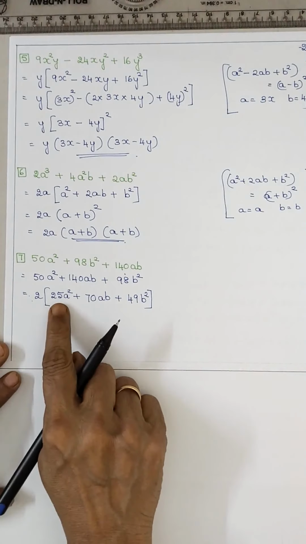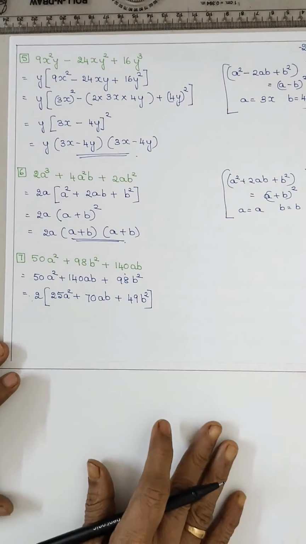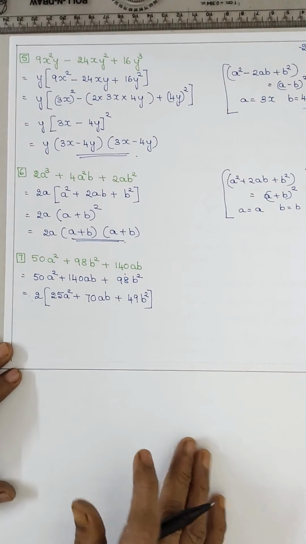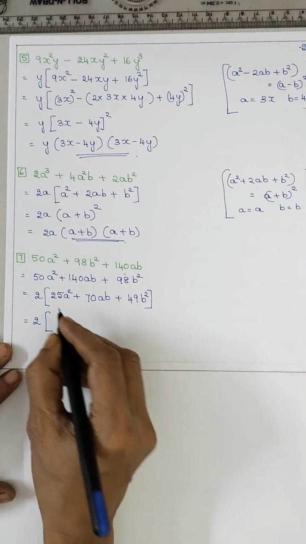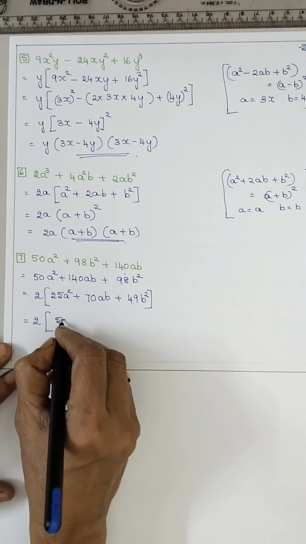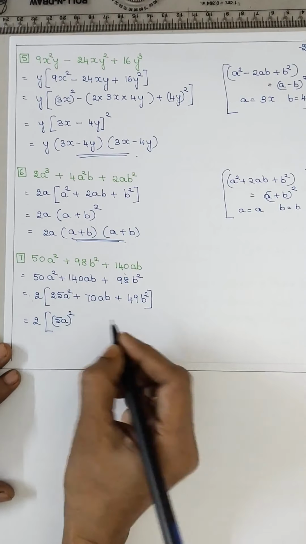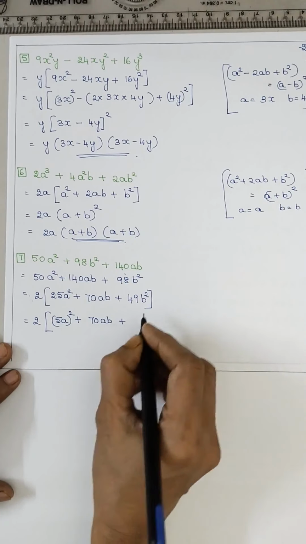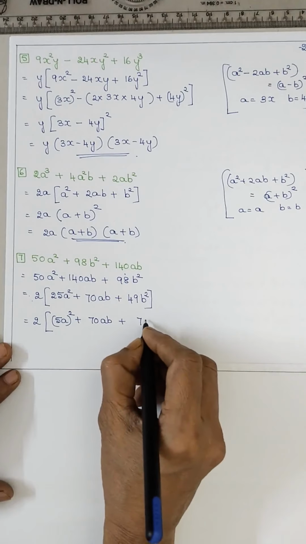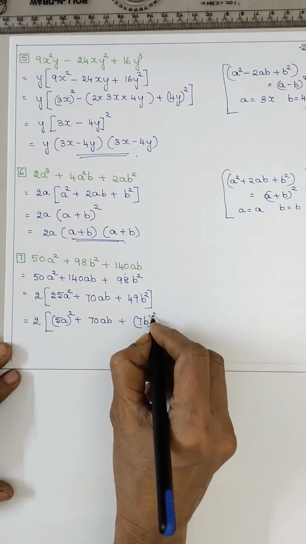Now see, a squared, b squared is there, but squares of what? 25 and 49. That we have to do. 25 is 5 squared, so (5a) the whole square plus 70ab plus 49 is 7 squared. So (7b) the whole square.